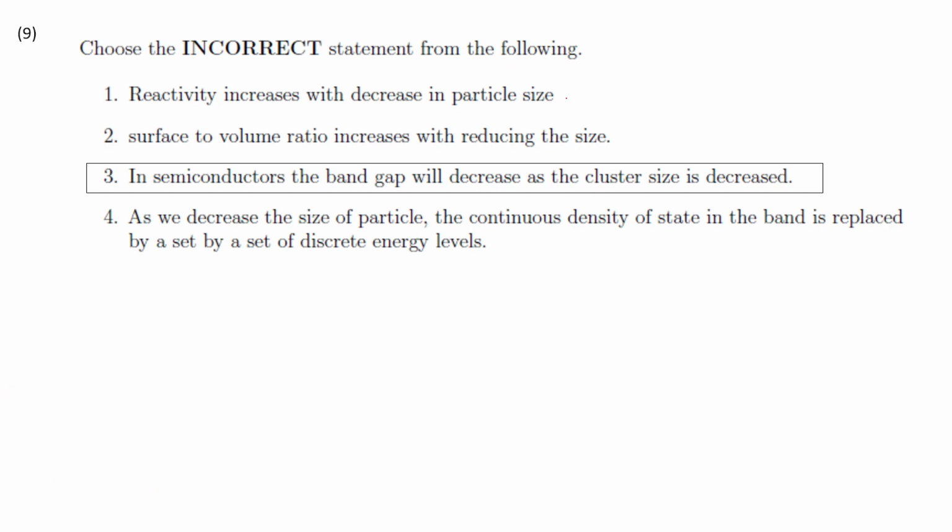The first statement, let us see: the reactivity increases with decrease in particle size. If the particle size decreases, then the surface to volume ratio will increase, and if the surface to volume ratio increases, then there will be more surface area for the reaction to occur.